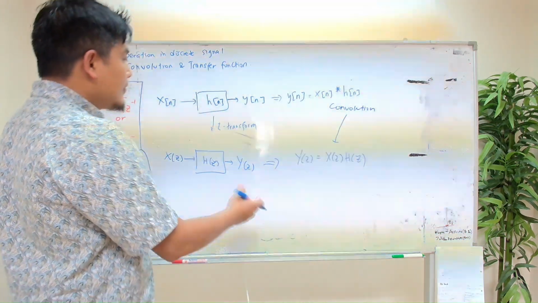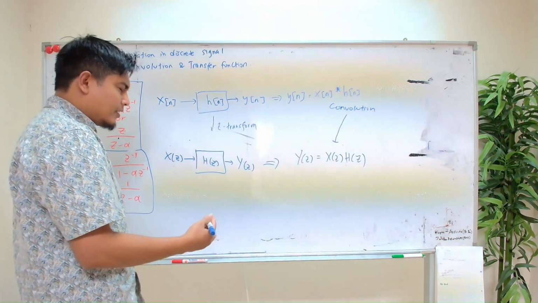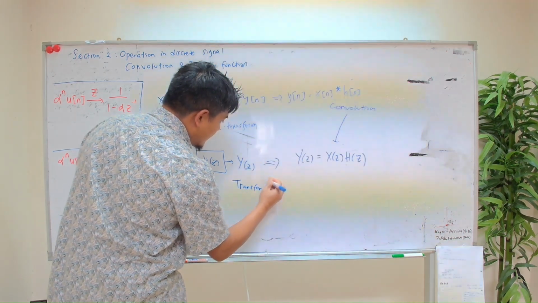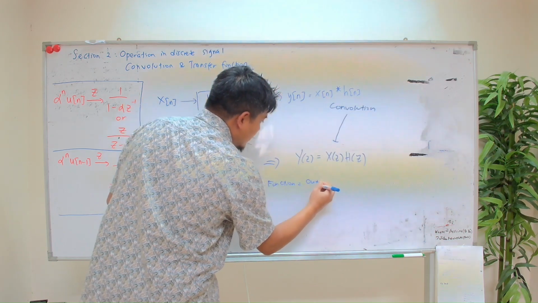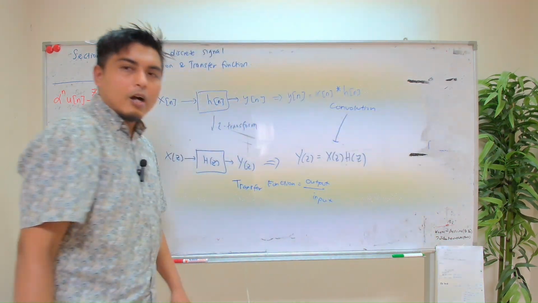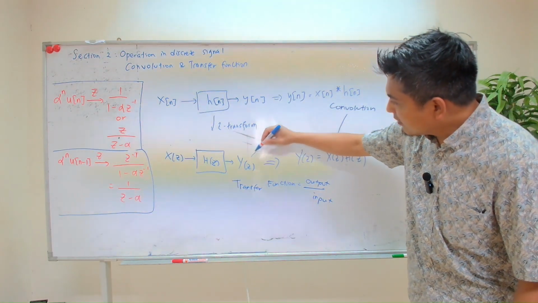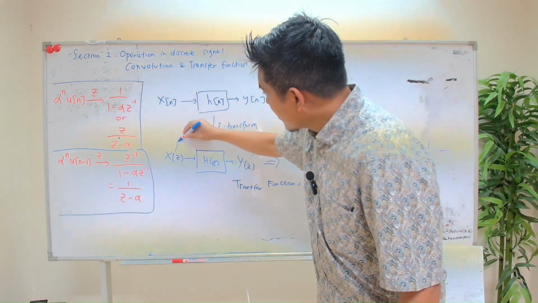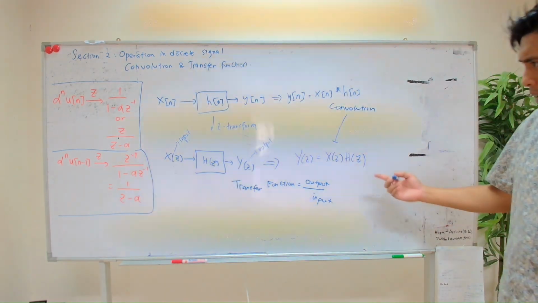Okay. However, if you still remember, what is the definition of the transfer function? The definition of the transfer function is output divided by input. So similar with this one, this is the output and this is the input. Then you get the transfer function.